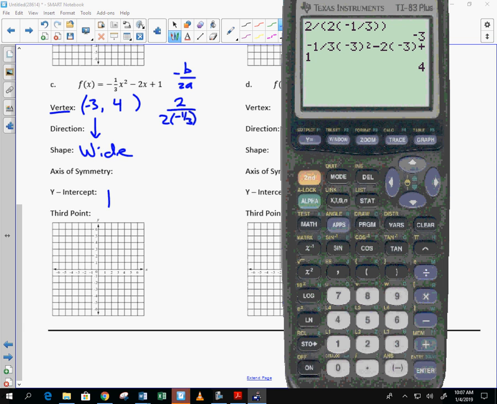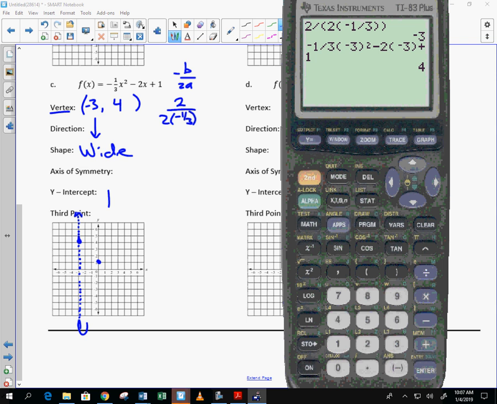Negative 3, 4. Back 3 and up 4. I have a y-intercept of 1. I have an axis of symmetry that divides it directly in half.